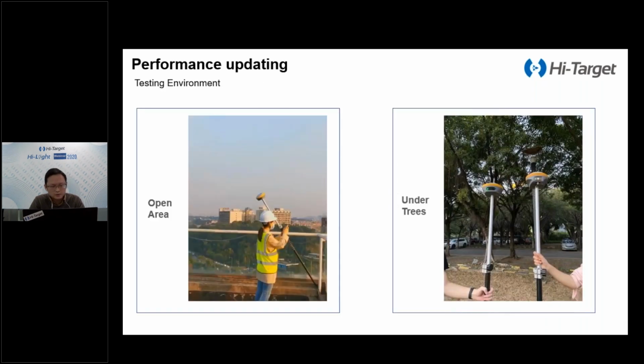Okay, just have a look at the environment again, in the open area and the harsh environment under the trees. But normally we will not test only in these two environments. In this presentation, we pick some representative environments for display.